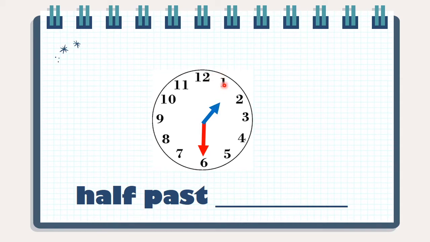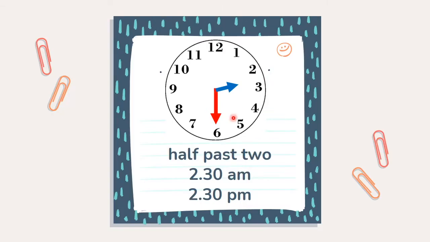Okay, look at the short hand. The short hand is pointing between number 1 and number 2. So what number should you take? You should take number 1. Okay? So we call it half past 1, or 1:30.